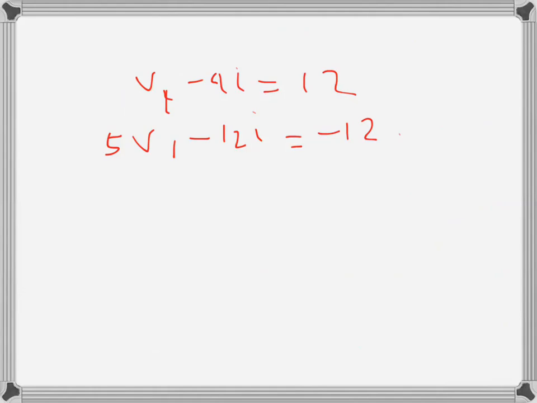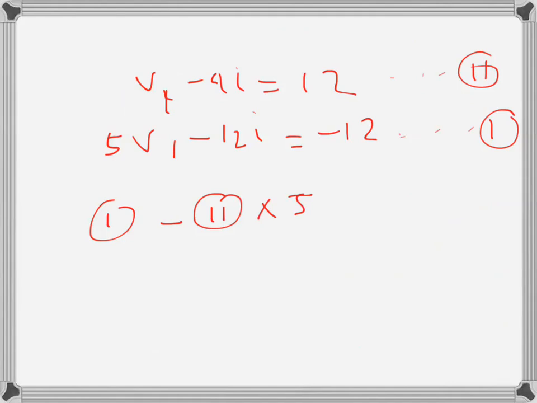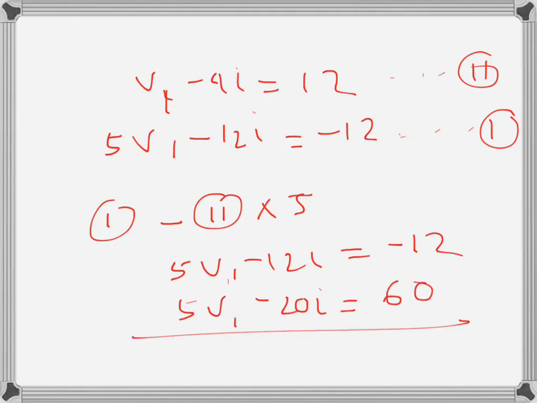Let's say this is 2 and this is 1. So 1 minus 2 times 5: 5V1 minus 12i is equal to minus 12, and this will be 5V1 minus 20i is equal to 60. So this will get cancelled, this is gone, and I have to subtract.